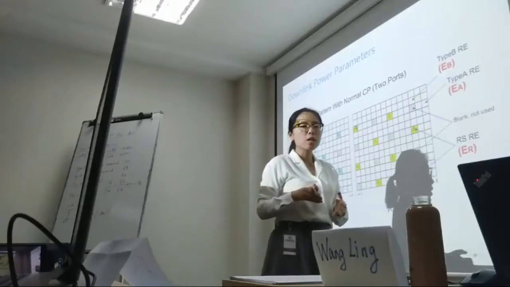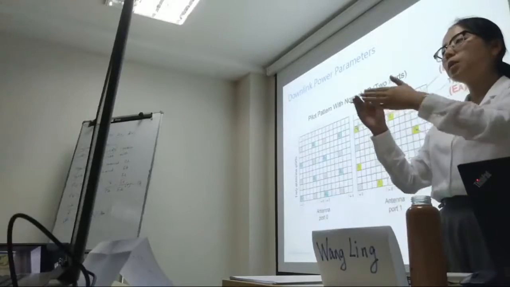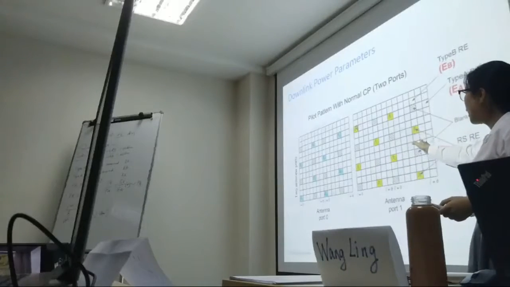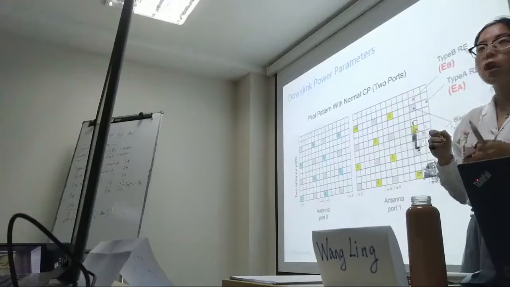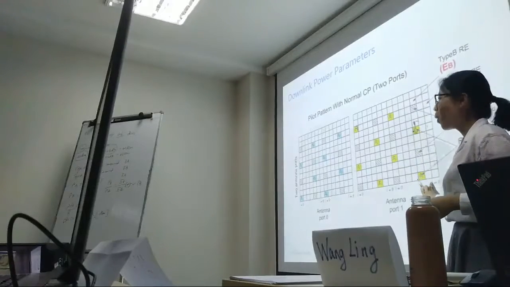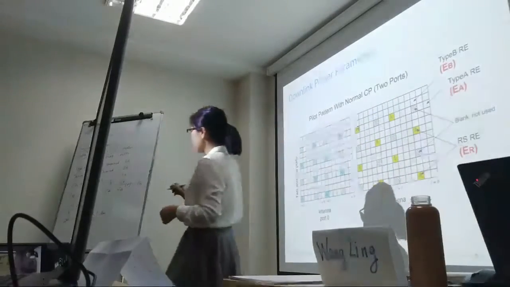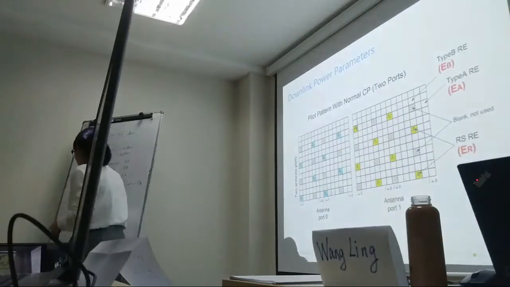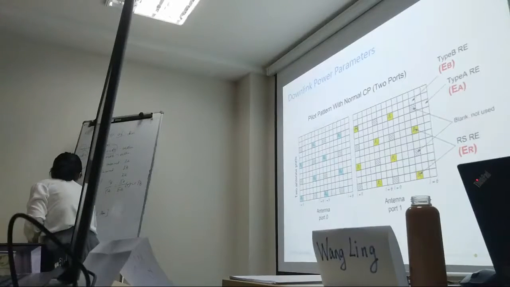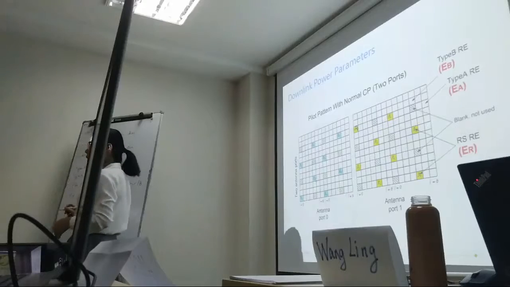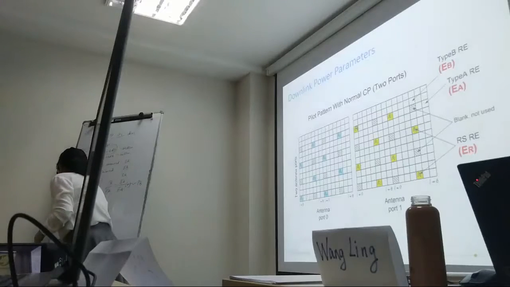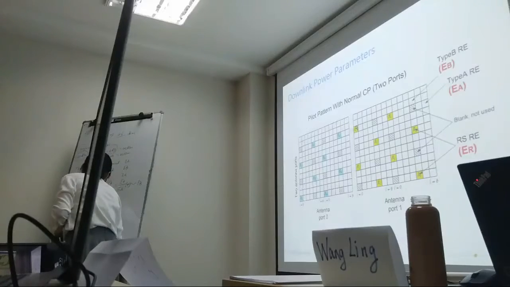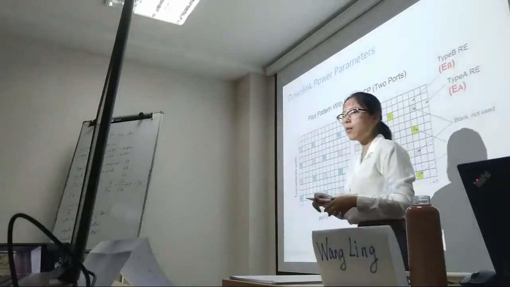But when we configure the PA and the PB, we hope the type A and type B, these two symbols, the total powers are the same. Because if type A power, for example, the symbol of type A, this power is 40 dBm, and for symbol B, the power is 42 dBm, that means we have 2 dBm power wasted.